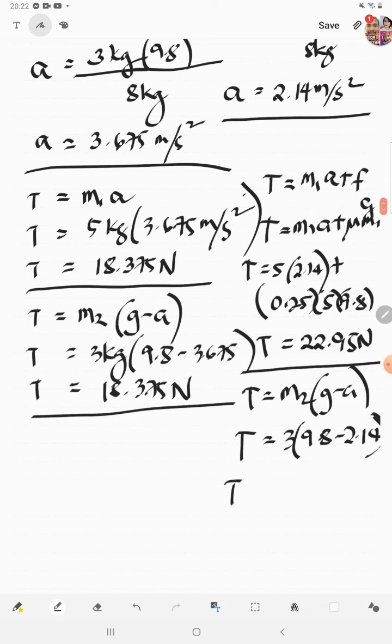Okay, so your tension is simply equal to 22.98. Okay, so you will see that the tension is the same.